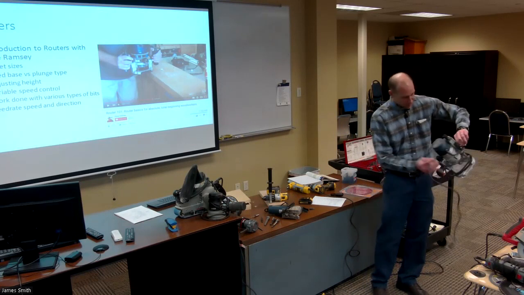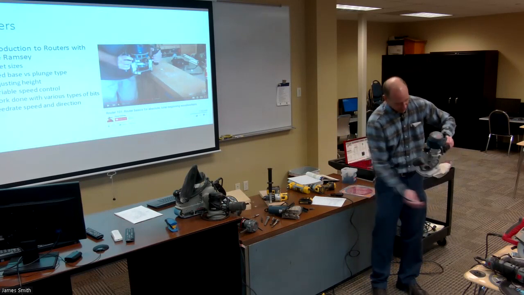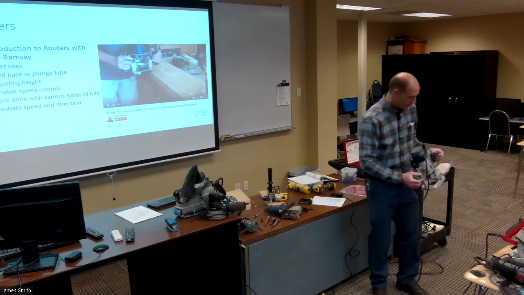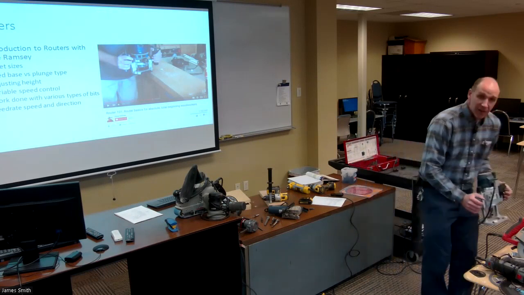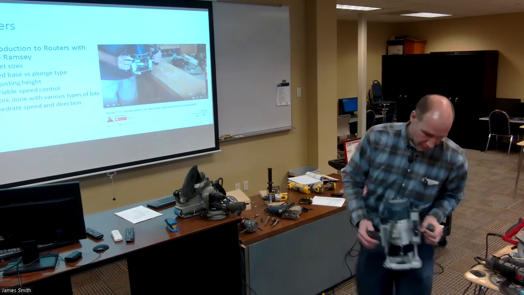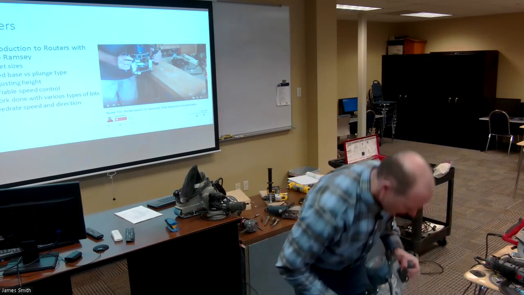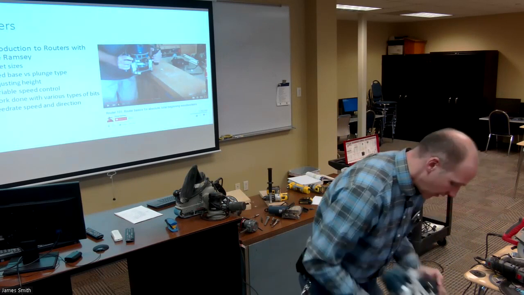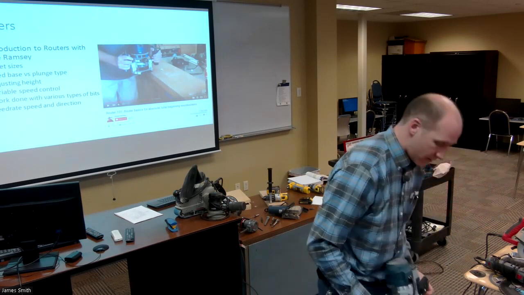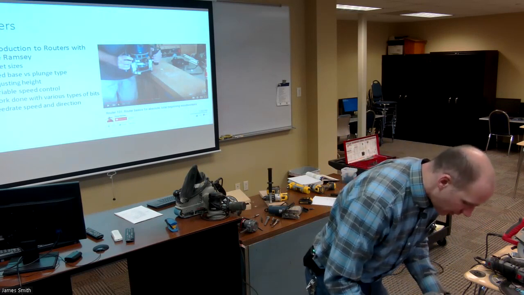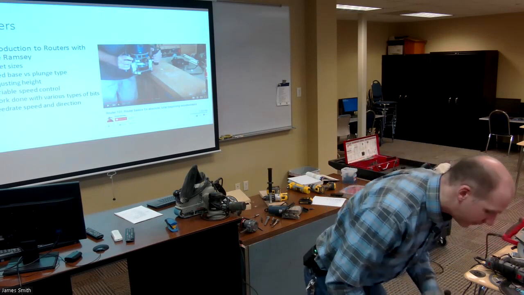This is a heavier duty one, and this one has an extra feature called a plunge router. You have a base, you've got a bit in there. You set your base on your work, you turn it on, and then you plunge down.